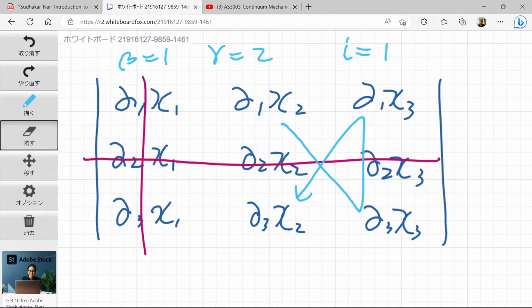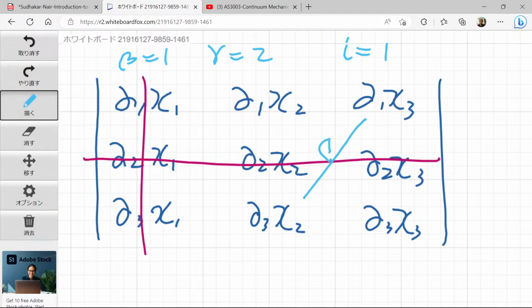So this is more like this. 3, 2, 1, 3. This is minus. This is 1. And 1, 2, 3, 3. This is 2. 1 minus 2. Yeah.